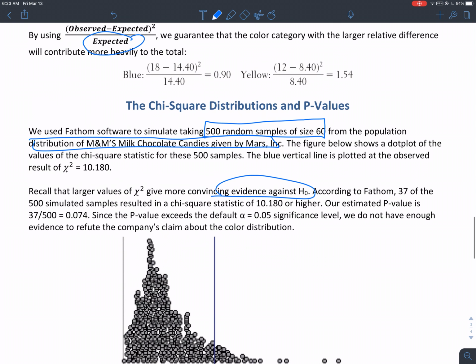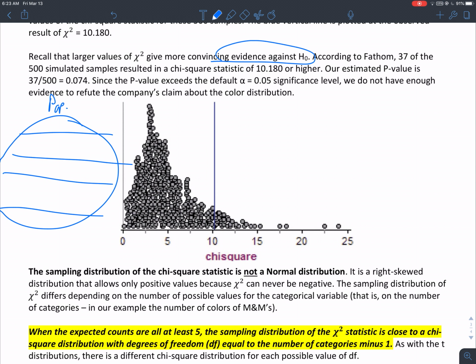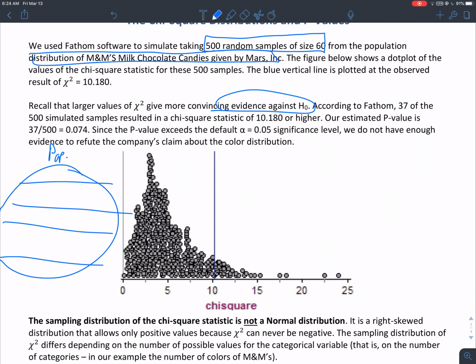So they made a fake population. Let me draw a fake population here. And they distributed it exactly the way that Mars said, and from that fake population that's distributed exactly correctly according to Mars's claim, they took 500 random samples of size 60. And then they calculated a chi-square statistic for each sample.